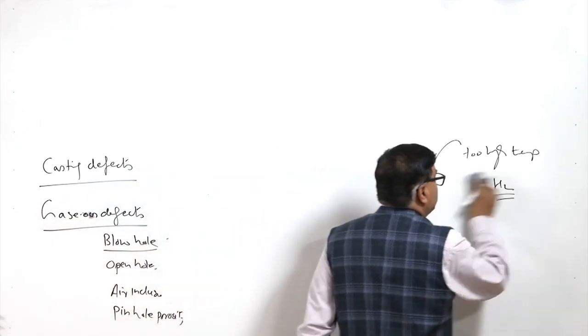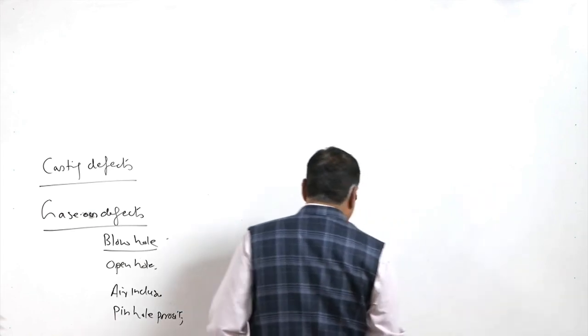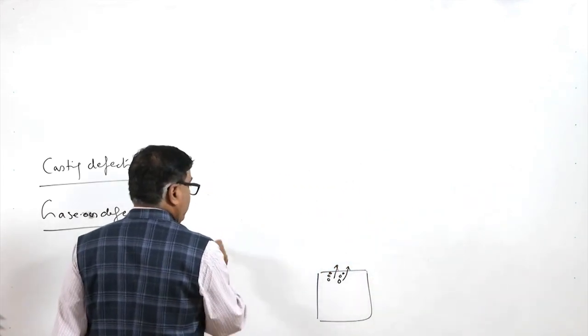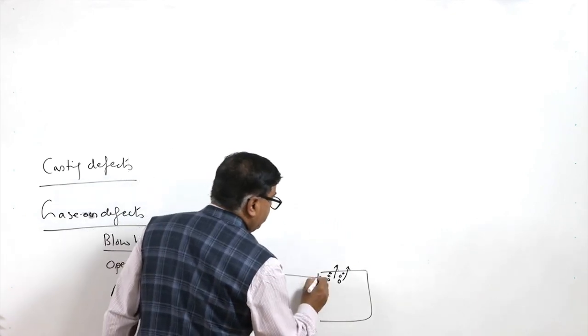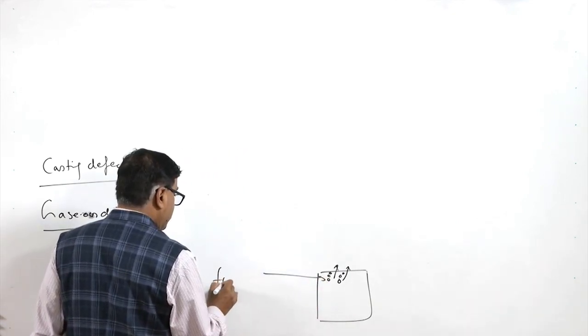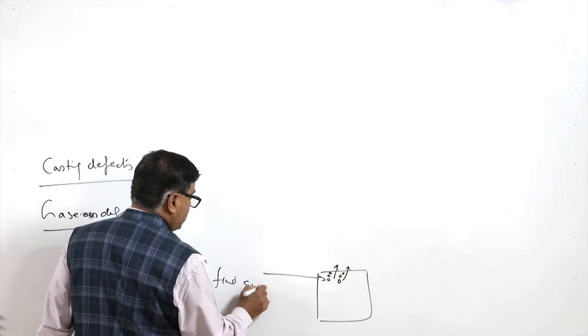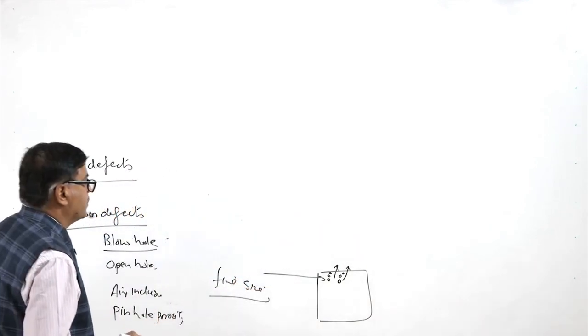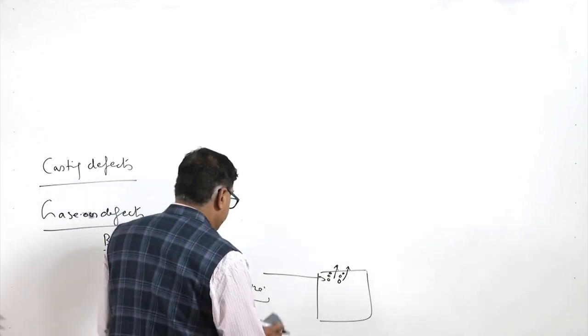So, basically this direction indicates the direction in which hydrogen was trying to escape, so this kind of porosity is very fine in size, that is why it is also called pinhole porosity or microporosity. It is basically caused by hydrogen.